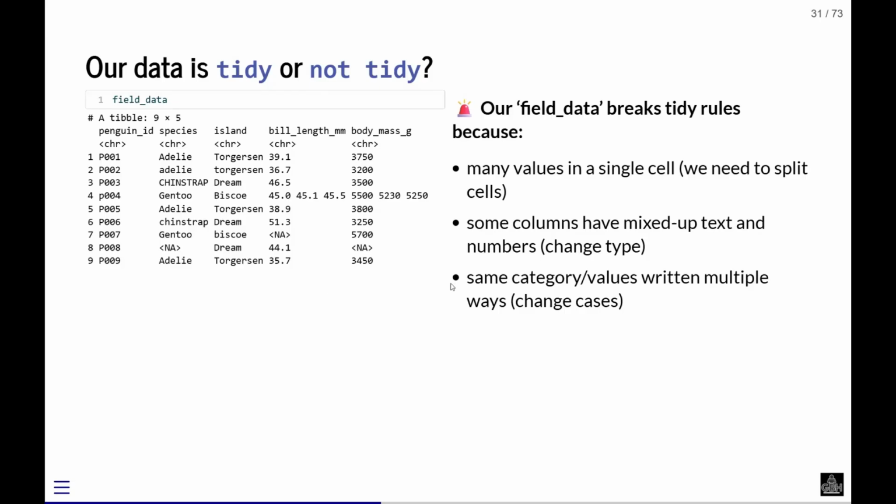And then the third one is some categories, that means some names. R is case sensitive. Some names start with a capital letter, some values start with a small letter, you see here as well, and some are completely capital letters.